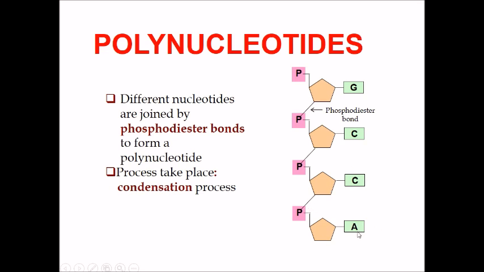The bond that forms between one nucleotide and the next nucleotide is known as a phosphodiester bond, which is formed, of course, through the condensation process, by removing water.